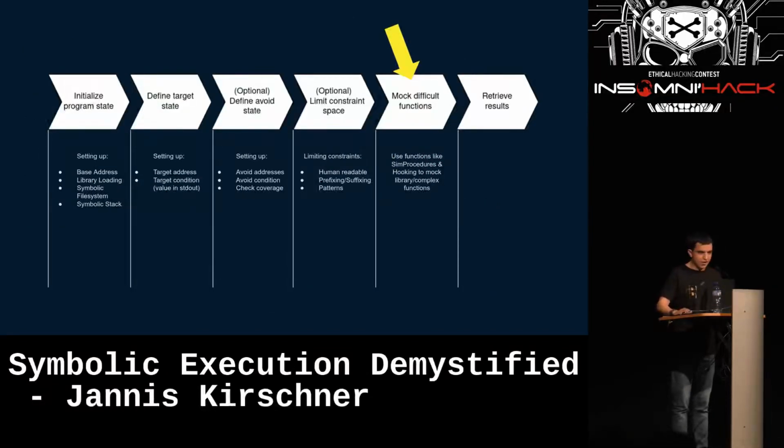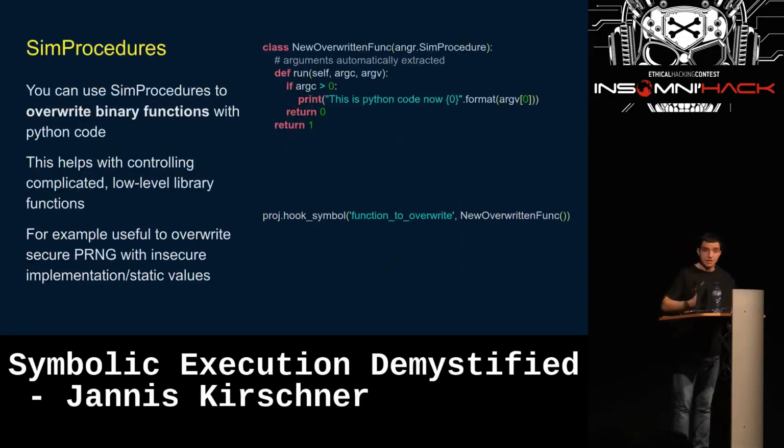So Angr, in its essence, is an emulation framework. And as you might know, emulation frameworks and low-level stuff don't like each other. So sometimes if a lot of low-level stuff is being called, you have to use a simulated procedure. It's very simple. It just overrides the emulation with some custom Python code that you can submit.